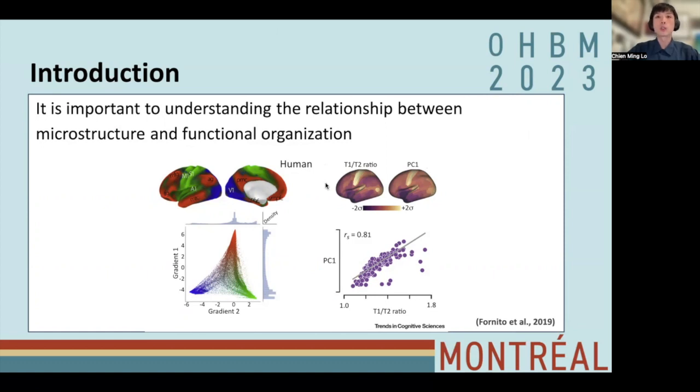Studies also try to associate the functional hierarchy with underlying microstructure that is revealed by the T1-T2 ratio map, potentially indexing myelin content, which can also be associated with the principal component of brain-specific gene expression covariance matrix across the cortical areas, implying the linkage between the molecular variation, structure, and the functional organization.